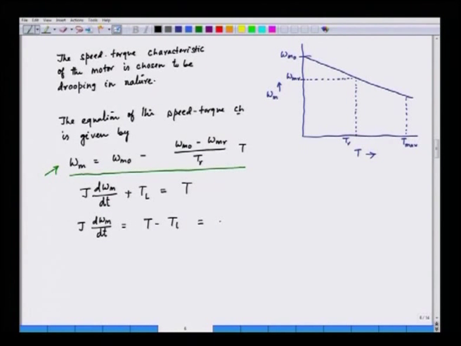That is equal to minus J, and then we have omega m naught minus omega m r by T r, this is basically constant, times dT by dt, or we can say that is equal to minus tau m dT by dt. So, this is what we obtain here.